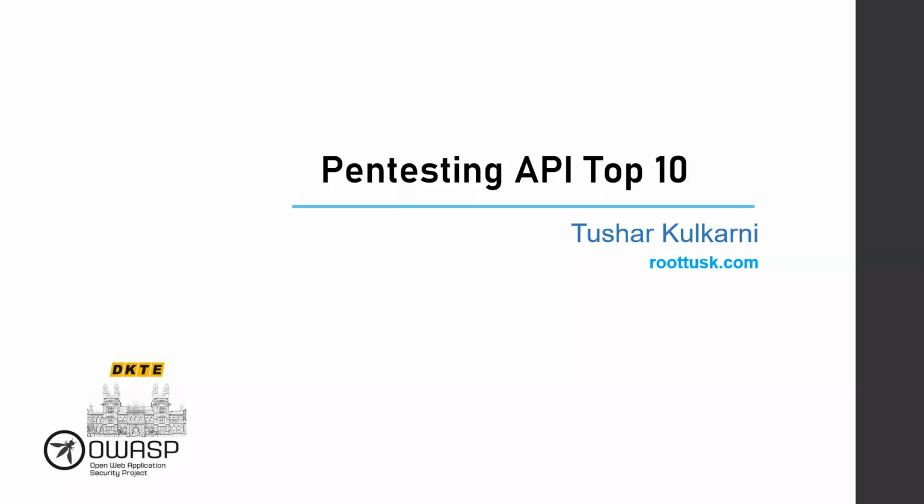So today's talk is about Pentesting API Top 10. You all might have heard about OWASP Top 10, but a few might have heard of OWASP API Top 10. OWASP, being a non-profit organization, also has some projects, chapters, and a lot of initiatives. One of it is OWASP Top 10, and there are several others like OWASP API Top 10 and OWASP Mobile Top 10.